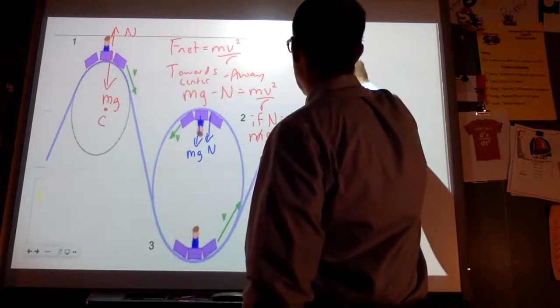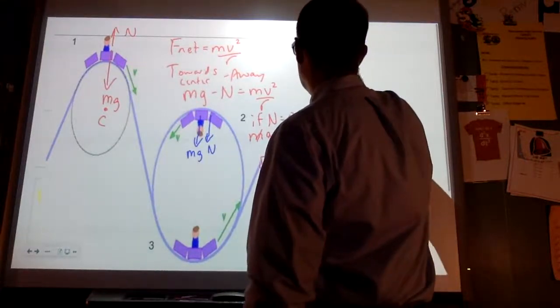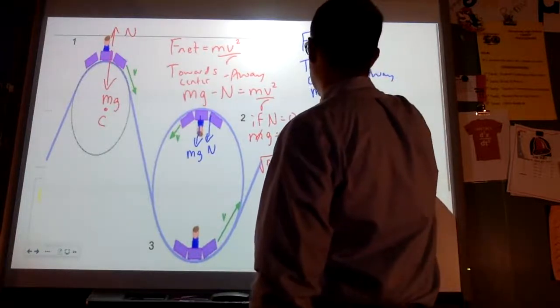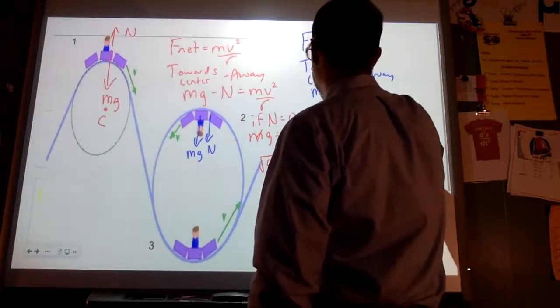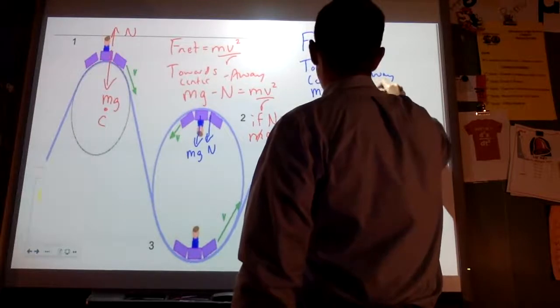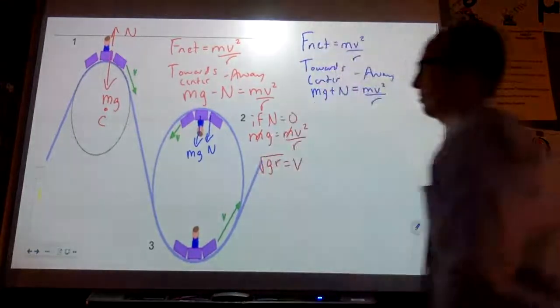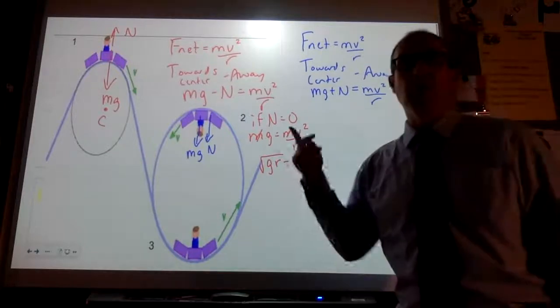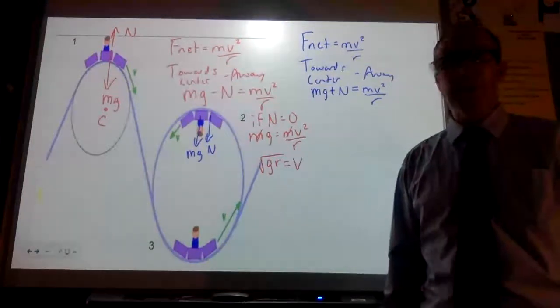I'm going to take my forces towards the center minus away, and this is going to be mg plus n equals mv squared over r. And again, we can't get rid of gravity, but normal could be 0 in this case as well.